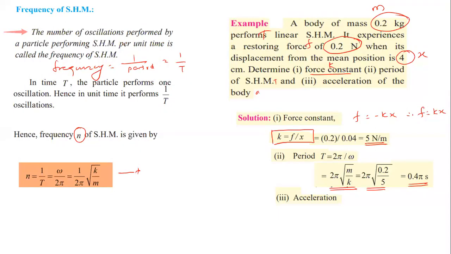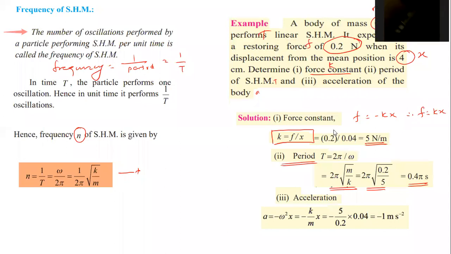Now the third one is the acceleration. Third one, we have to find out acceleration. And acceleration is given by the formula minus omega square x. Omega, you know, is under root k by m. So omega square is k by m, and this x as it is. Everything is given here.